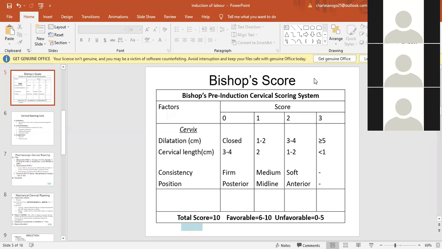Foley's catheter works, but again, there are controversies around whether we should use 25 to 50 mils of normal saline, or whether we should use higher amounts to blow up the balloon, because there is evidence that the bigger the balloon, the more effective it is in releasing the endogenous prostaglandins.